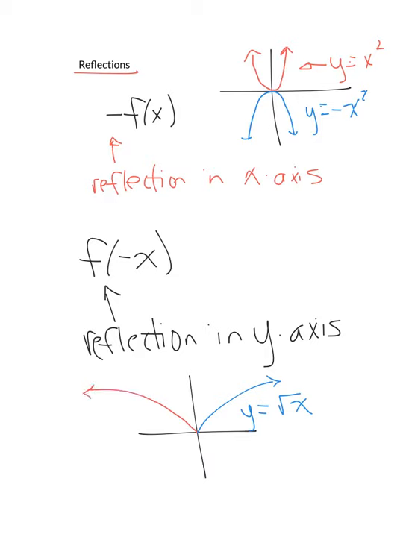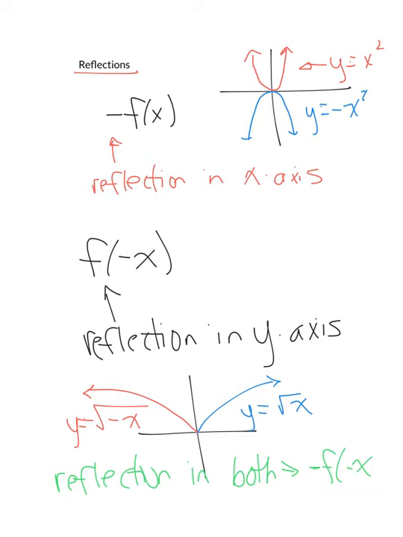So it would look like the square root of negative x. And of course, it is possible to have both reflections. So if we wanted to have a reflection in the x and the y-axis, it would look like negative f of negative x.